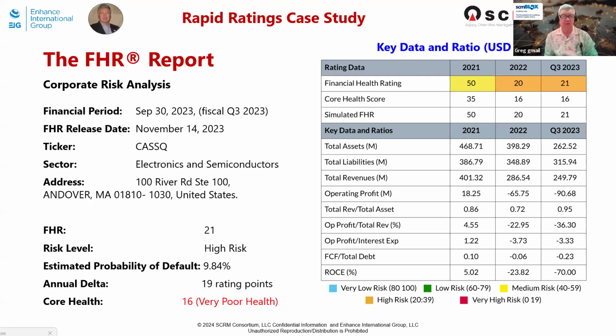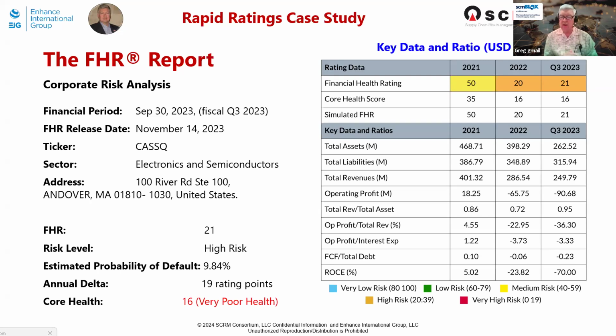On CASA on the left-hand side, again, we'll give you a timestamp here, September of 2023. They released their report in November 2023. It's electronics, semiconductors. The financial health rating was 21. That's very high risk. You can see over on the right-hand side the key data and ratios. Just wanted to give you 3 of them.